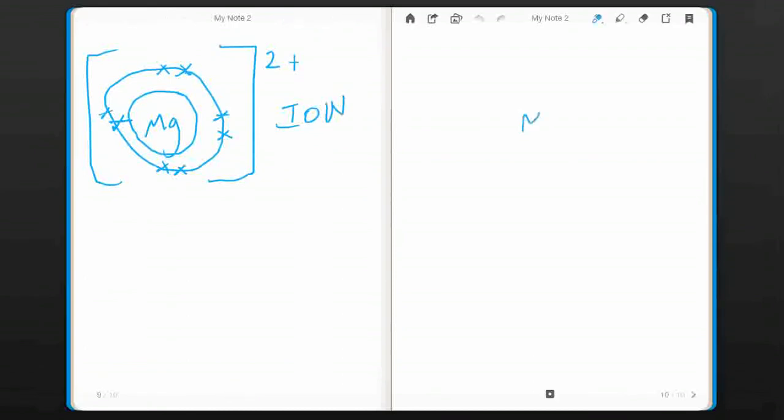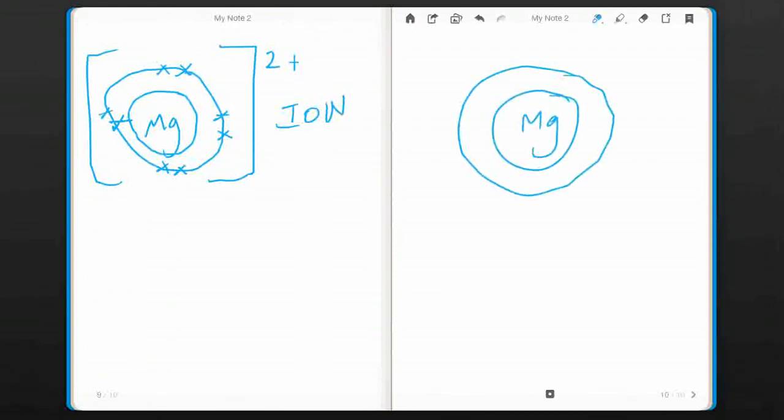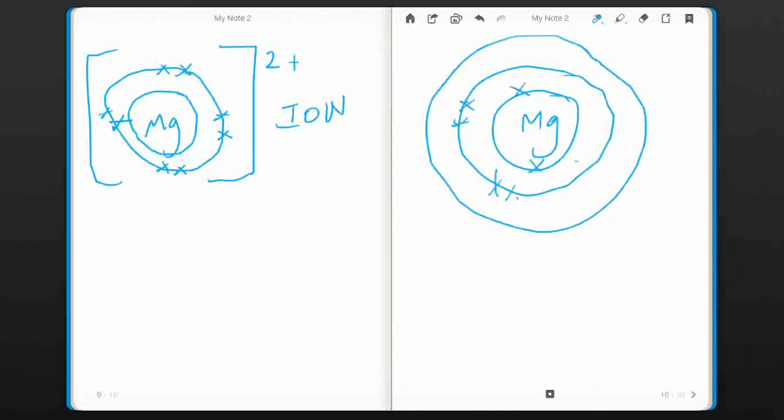Before, it would have been drawn like this. The first shell, the second shell, and the third shell. The first shell would have 2, the second shell would have 8. And the last shell would have had 2. So those 2 have been destroyed.